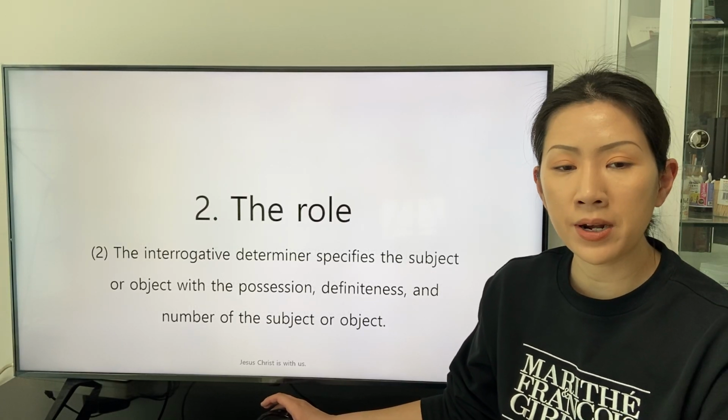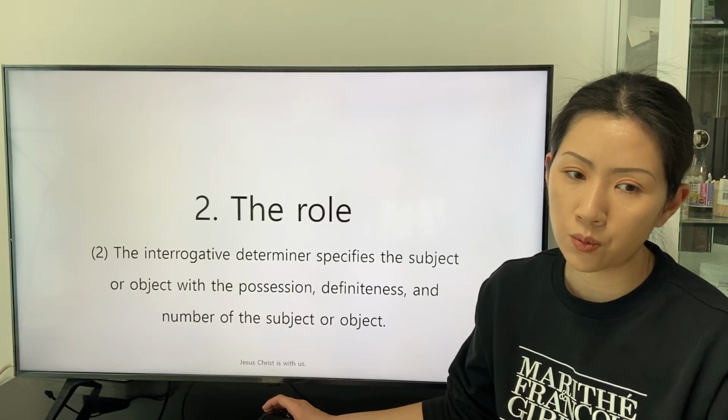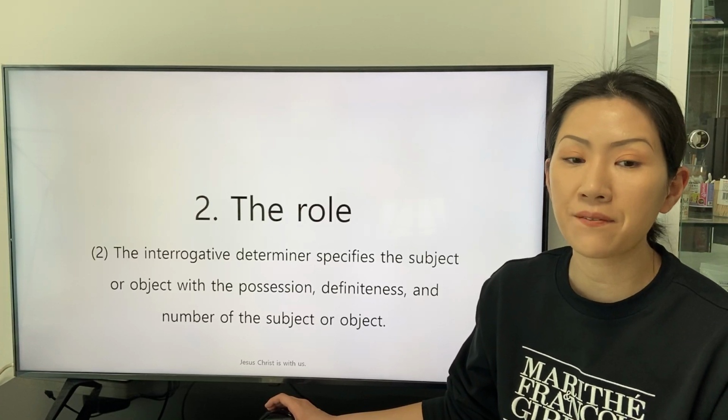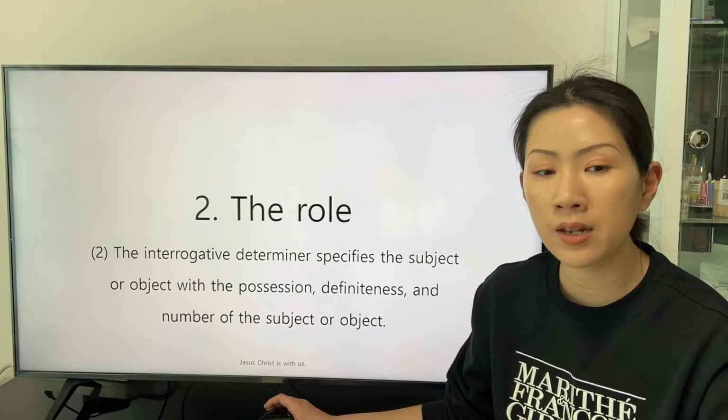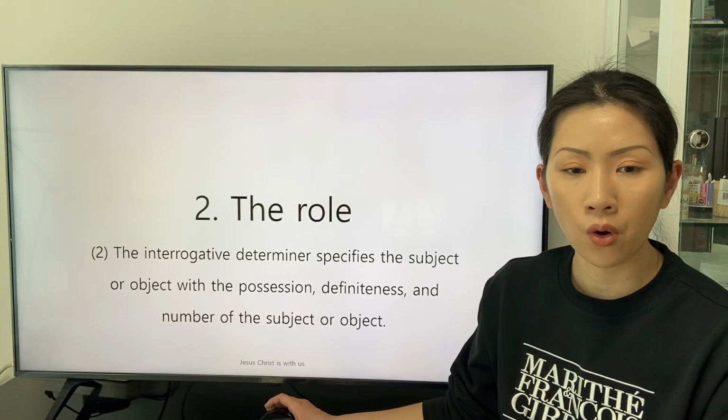The interrogative determiner specifies the subject or object with the possession, definiteness, and the number of the subject or object.